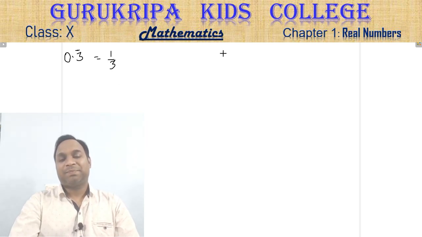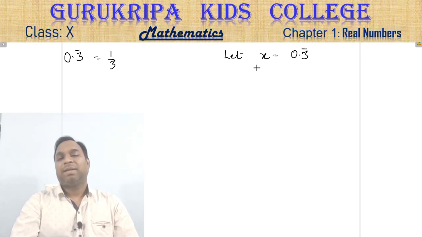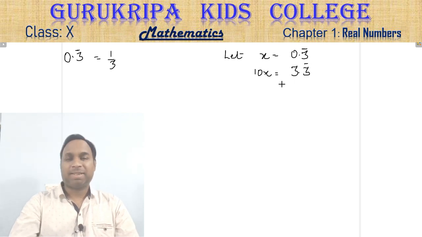That method is, let x is equal to 0.3 and there is a dot over 3. That means that 3 is repeating now. Then what will be 10x? 10x will be 3.3 and then this 3 repeats, isn't it?